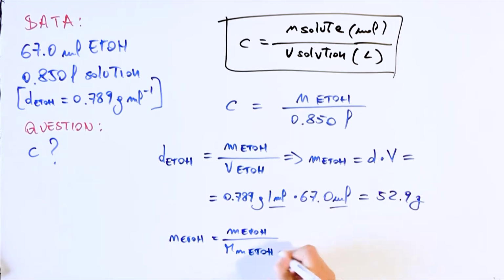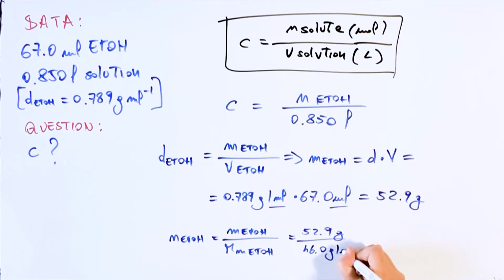Now the molar mass of ethanol, as usual, you can calculate it by periodic table or again just Google it. And you will find that it's 46.0 grams over mole.